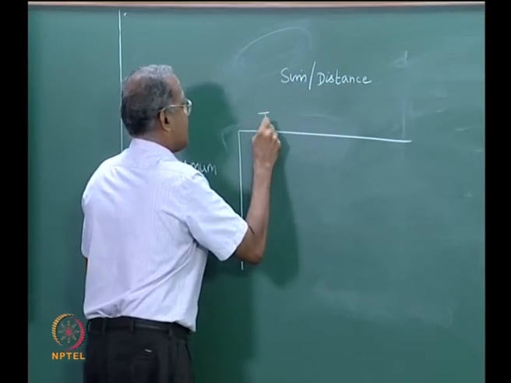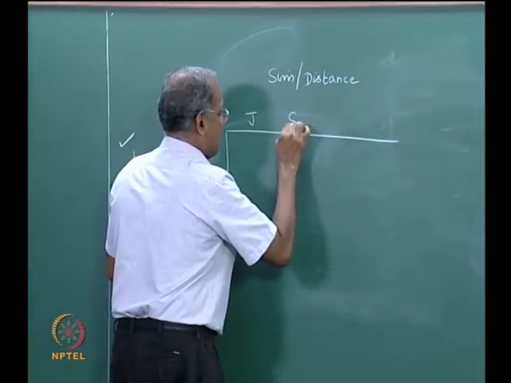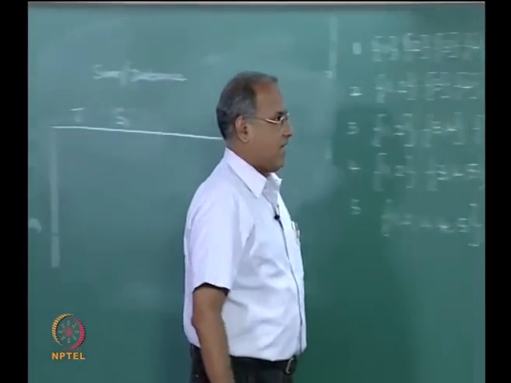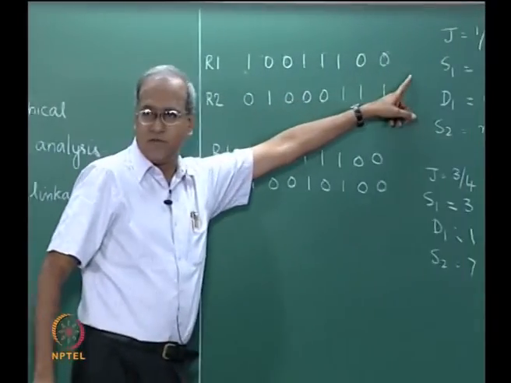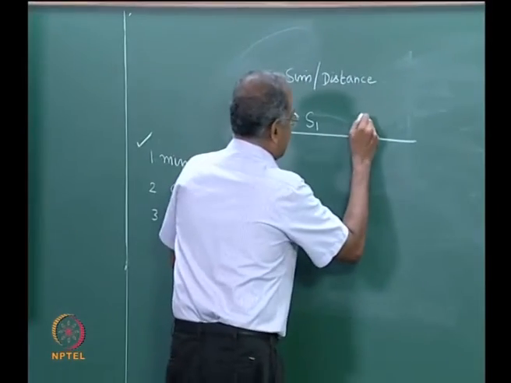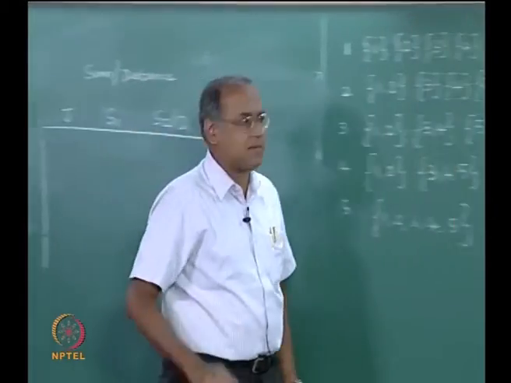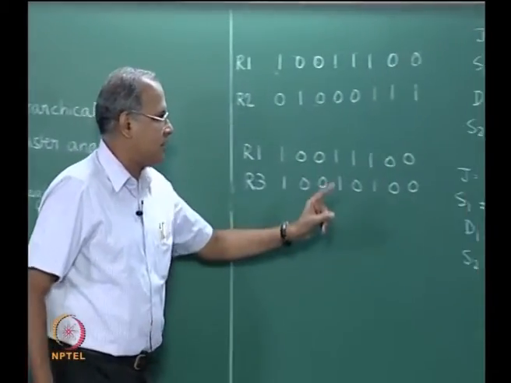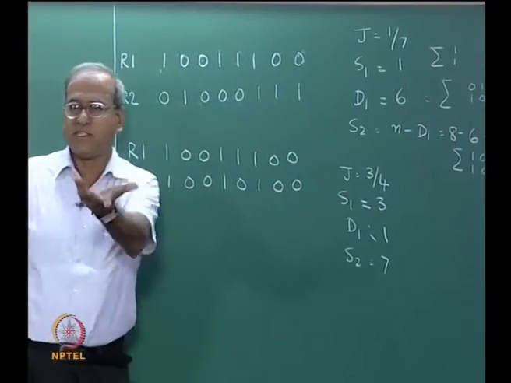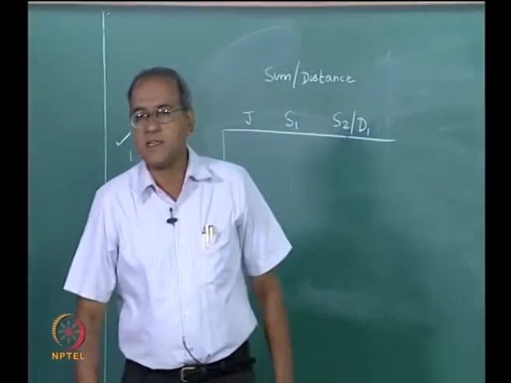So, we could use a Jaccard similarity. We could have used S1, the way of calculating the similarity that we showed here. We could use either S2 or D1, both are the same. The only difference is, if you are using S2, you are maximizing the similarity. If you are using D1, you are minimizing the distance.